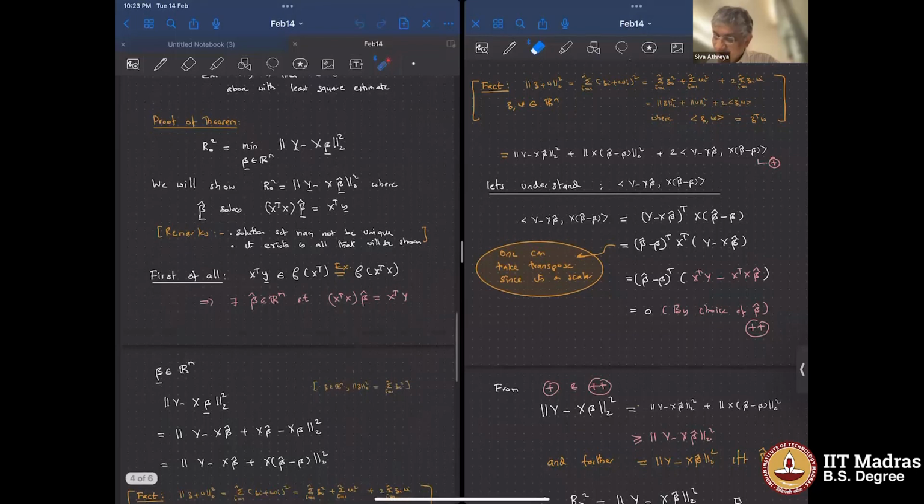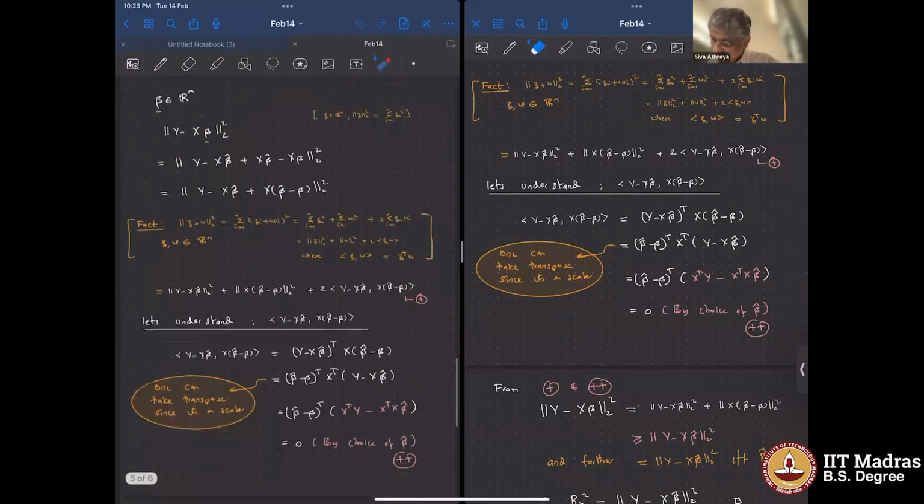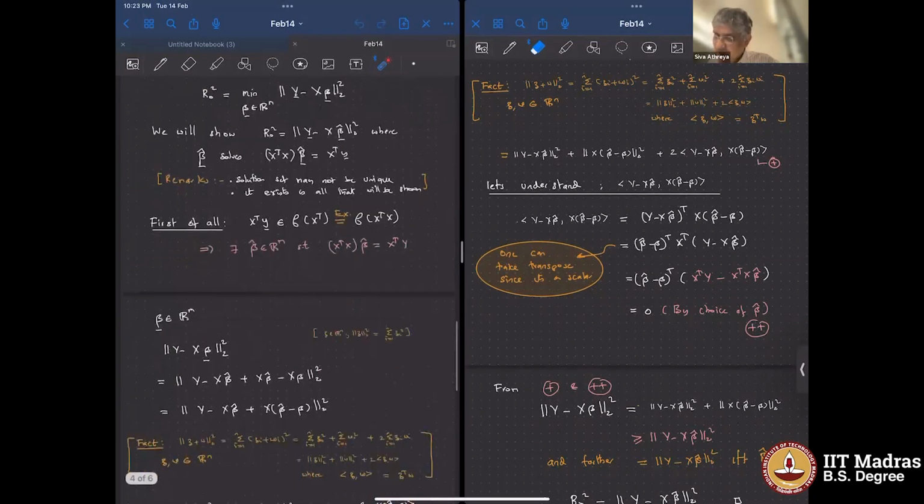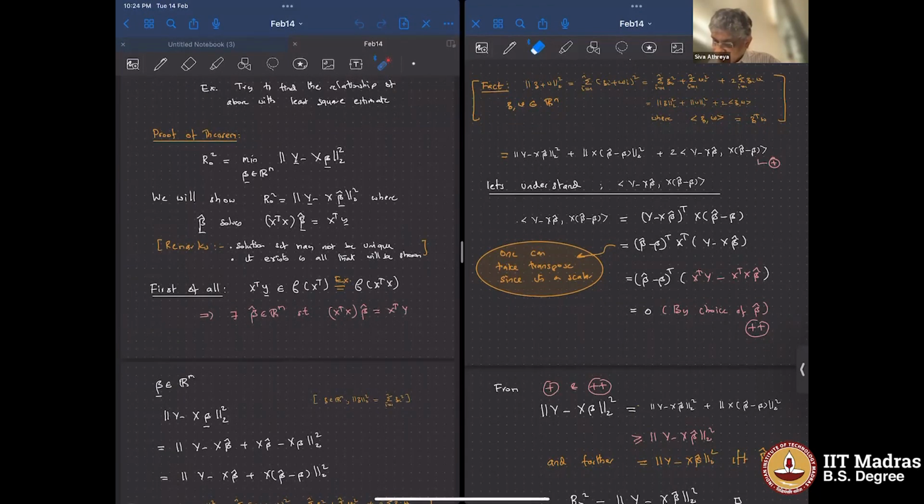Now I come down here, look at this equation right here, and I say, okay, fine. I look at y minus x beta for some beta. Then I add and subtract x beta hat. Then I look at this as two vectors, y minus x beta hat and x beta hat minus x beta.